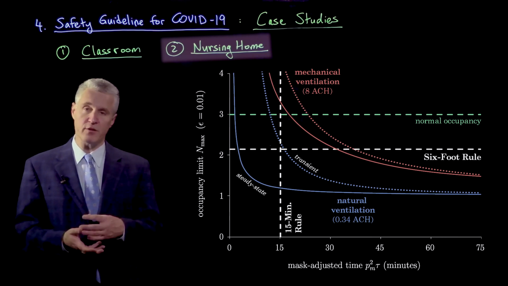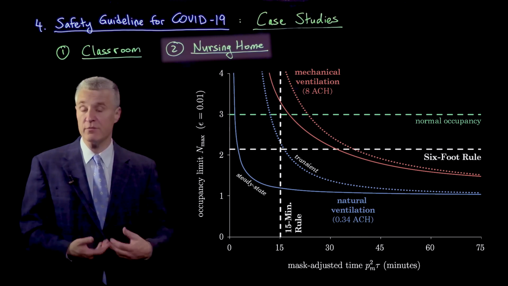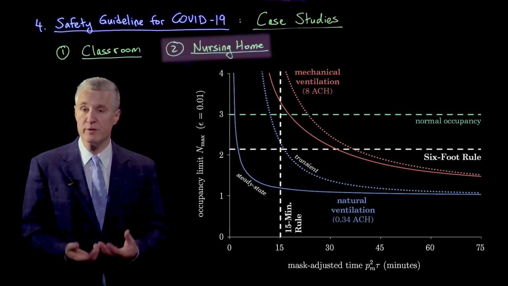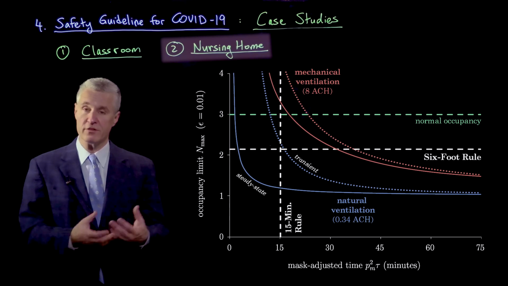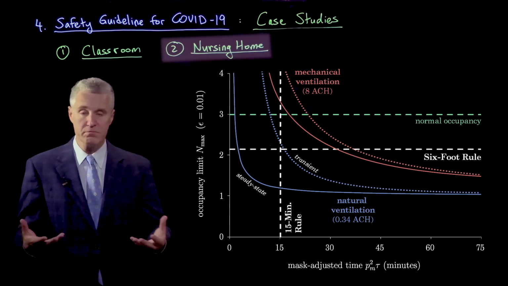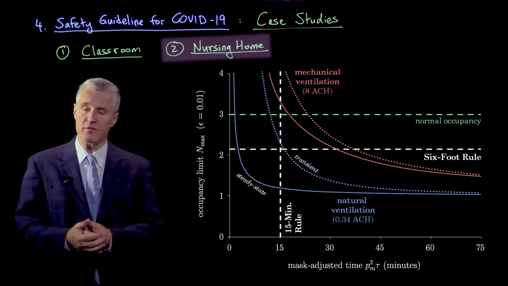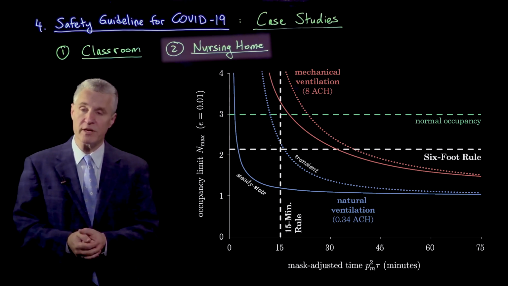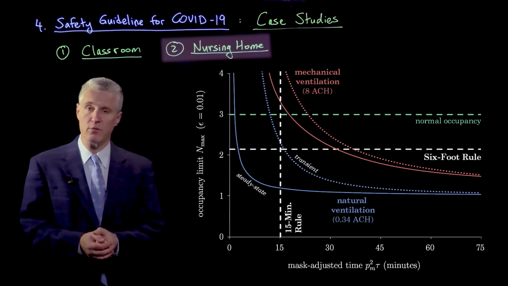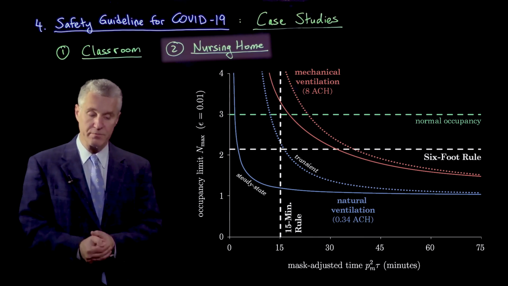And if people spend long periods of time without masks, as many nursing home patients must do because they have trouble breathing already, unless they're on a respirator, if they're just in relatively good shape, they will be breathing oftentimes for long periods without masks. And that can be a serious problem and lead to very high risk.